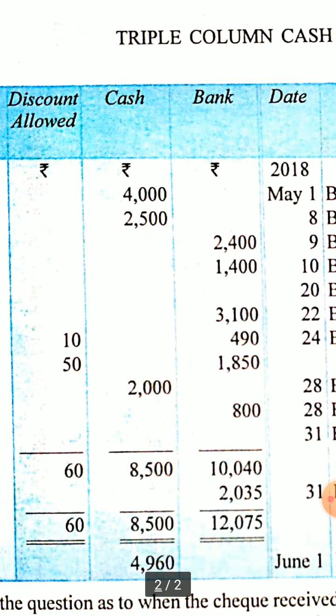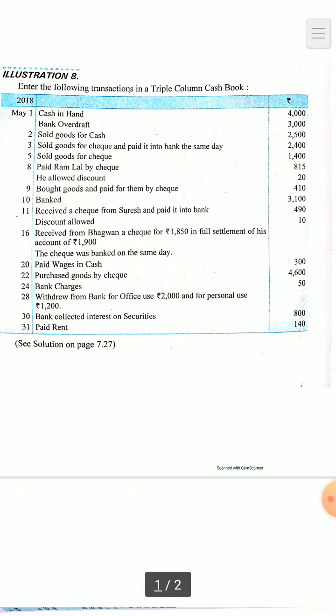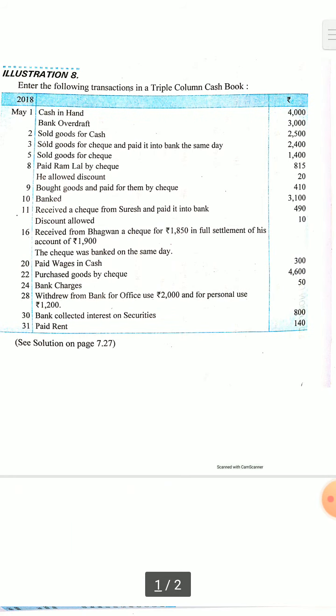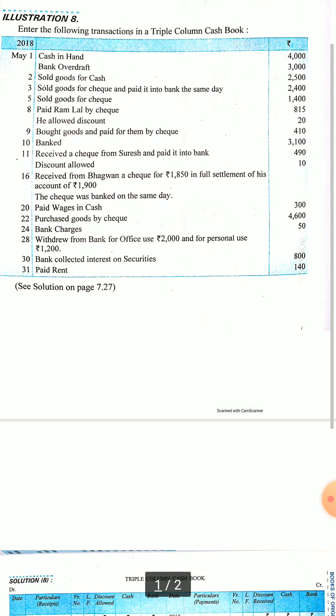So directly we have entered in the bank column 2400. Again sold goods for check 1400, so again that will be entered into bank, and nothing has been mentioned whether that check was deposited on the same day or not. So we will assume that the check was deposited on the same day.